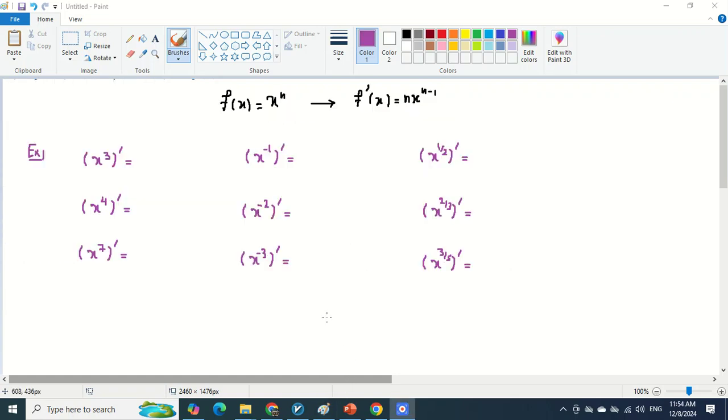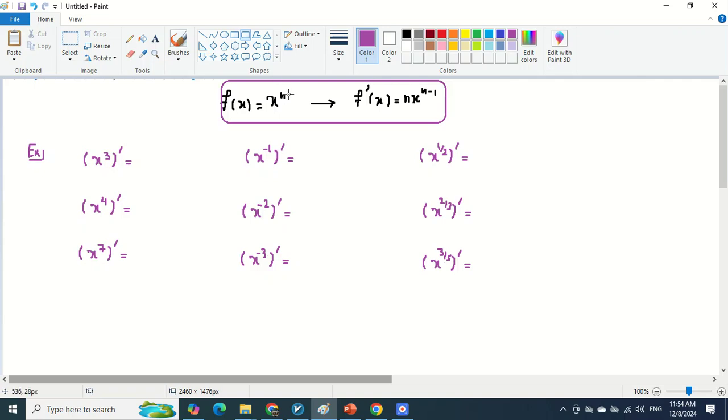So at the first step, I just wrote the first rule of the derivative over here, which is too important, and most of the rules that we have are constructed by using this formula. Meaning that if we have a function f of x as x to the power of n, then the derivative of that one will be n times x to the power of n minus 1.